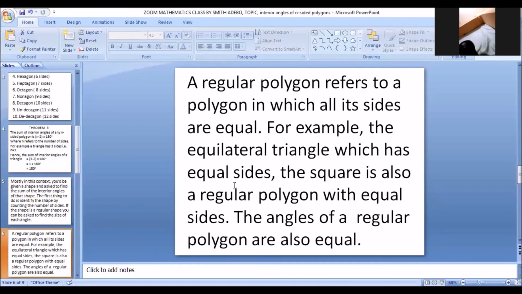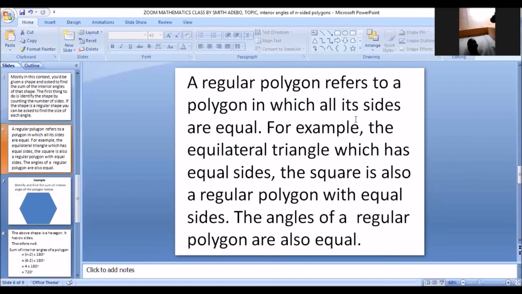The square is also a regular polygon because it has equal sides. We also have regular pentagons, regular hexagons in that order. Although we'll not go deeply into that, we'll do that in our subsequent classes.